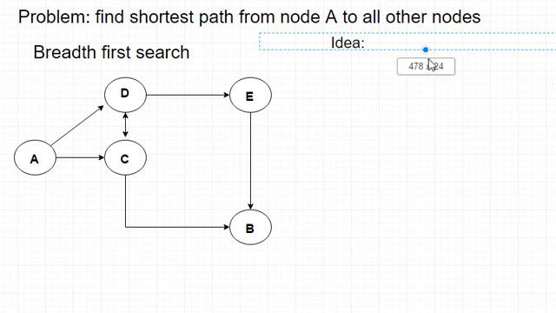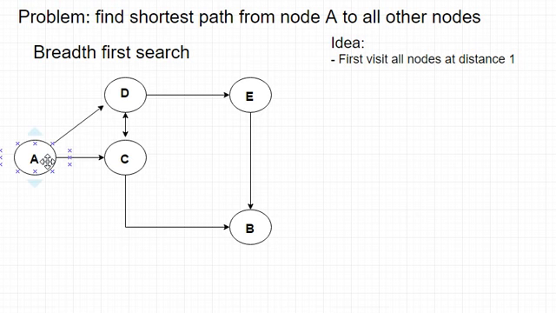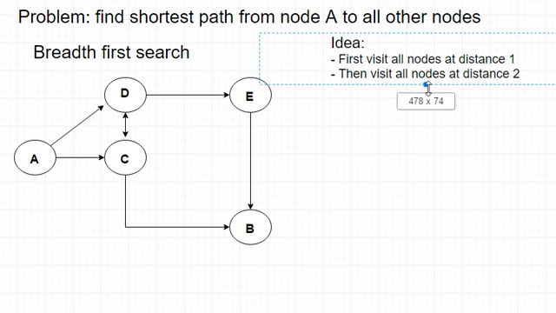The idea is that we first visit all nodes at distance 1. So we've designated A as our start node, and we know we can get to C and D with one step from A. So we visit both C and D, and as we visit these nodes, we also learn which nodes are at distance 2, which in our example would be E and B. So we will visit all nodes at distance 1, and then we will visit all nodes at distance 2.